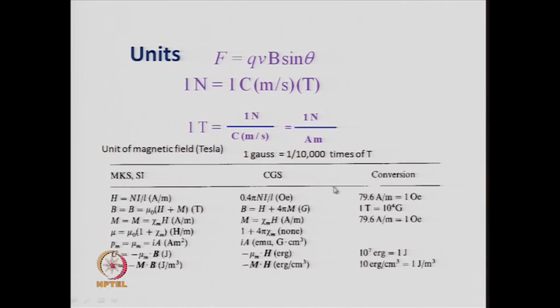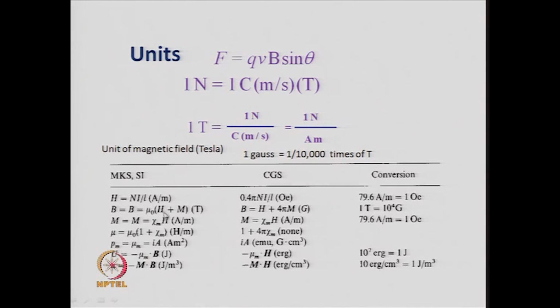Of course, there are tables and books available where these conversions are given. For example, let us look at 1 or 2 important conversions here. If you look at magnetic field, it is related to the permeability of free space mu naught multiplied by the magnetic field strength H plus M, where M is the magnetization, and this is given in Tesla.